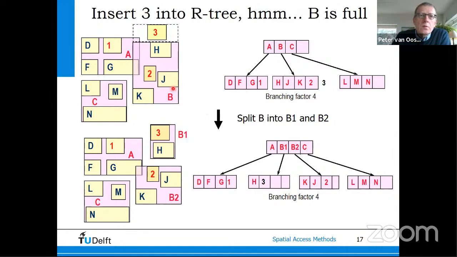Now I'm inserting object 3 over here. And as you see, it becomes really complicated. Object 3 does not fit in any of the existing super rectangles, A, B, and C. It is closest to B, so I would like to store it in B over here. But B is already full.